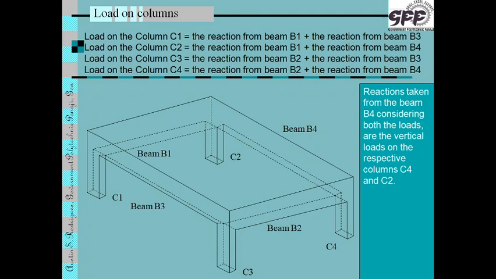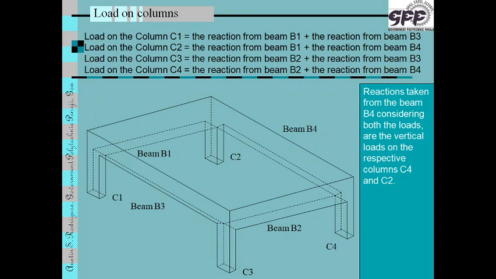So the load on column C1 would be the reaction it has received from the beam B1 as well as the reaction it has received from the beam B3. Both these reactions added give me the load on the column C1. The load on the column C2 is equal to the reaction from beam B1 and the reaction it has received from the beam B4.